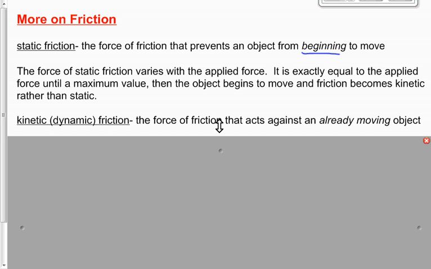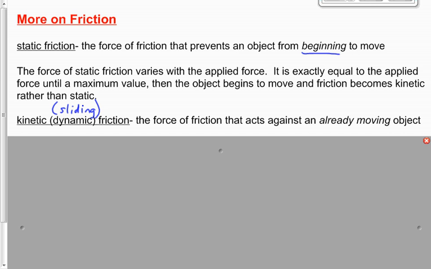Kinetic friction, on the other hand, sometimes we call it dynamic friction. Sometimes we even call it, although this isn't very often, sliding friction. Usually it's kinetic or dynamic. The word sliding, though, does sometimes become helpful to us because it reminds us that, say, the car tires that we were talking about yesterday, when the tires are turning on the road, they're not sliding.